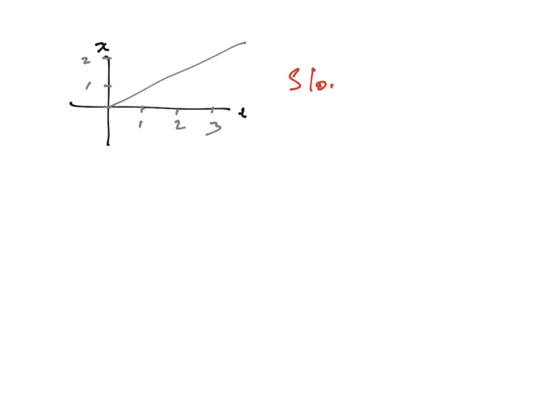Slope. Well, first of all, if you remember from algebra and math class, the slope of a line is the rise over the run, or the change in the y-axis over the change in the x-axis. Okay, fine. But for our particular graph, what is the change in the y-axis?